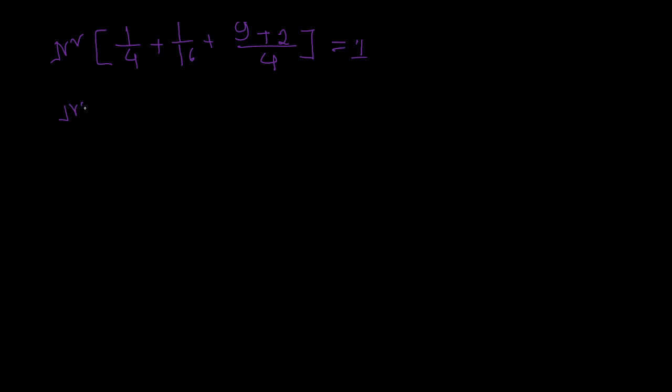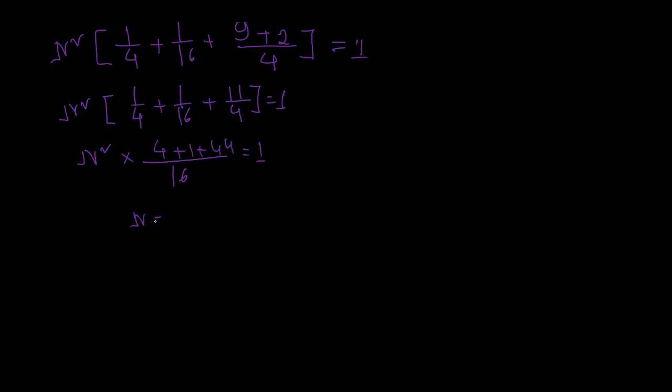So this value will yield 16 plus 1 plus 44. So N square is equal to 4 by 7. Okay, so the normalization constant is 4 by 7.